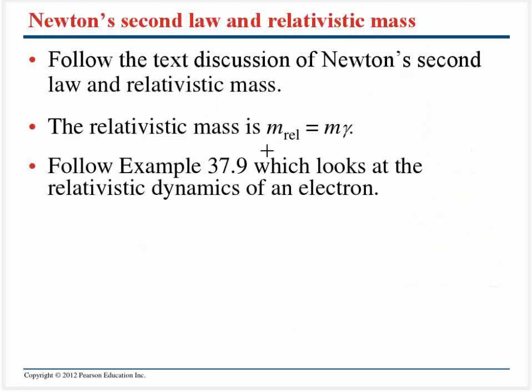Now what's buried behind the relativistic momentum is that as we try to push something with mass faster and faster, closer and closer to the speed of light, it becomes harder and harder to do. And any object with mass will never be able to move at the speed of light.